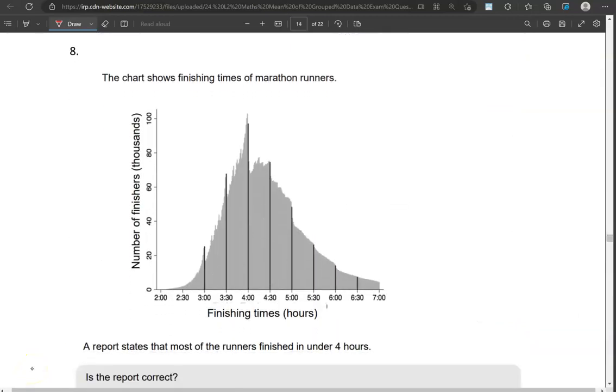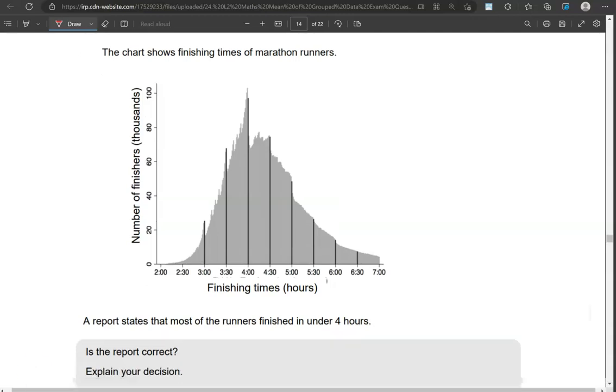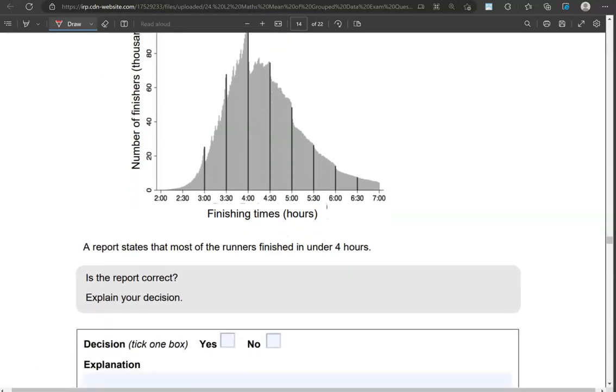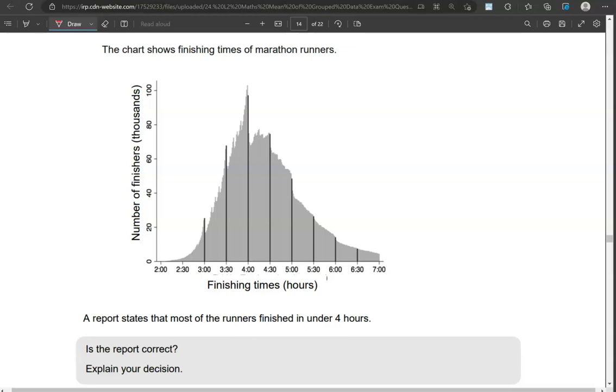The chart shows finishing times of marathon runners. A report states that most of the runners finished in under 4 hours. Is the report correct? Let's have a look. So 4 hours, that would be here. So between 2 and 3 hours, we've got roughly about 30,000.